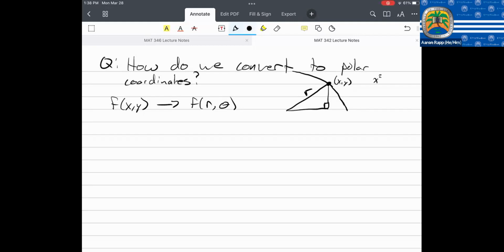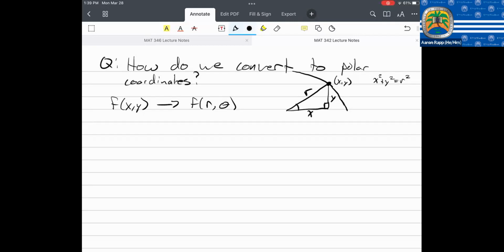If it's centered at the origin, x squared plus y squared is equal to r squared, because that's coming from what theorem? The equation of circles comes from what theorem? The Pythagorean theorem. That right triangle, because that horizontal line is the distance you're traveling in the x direction, the vertical line your y direction.